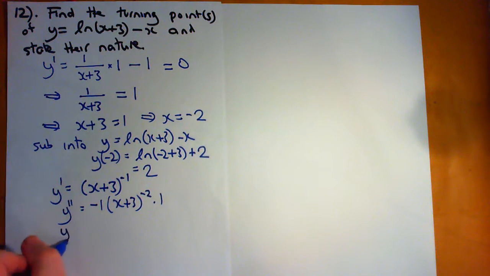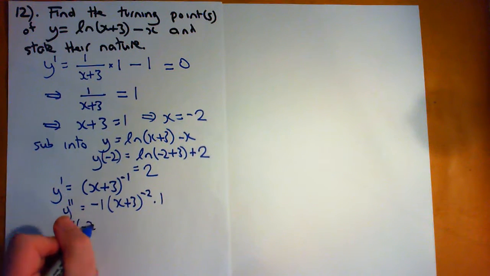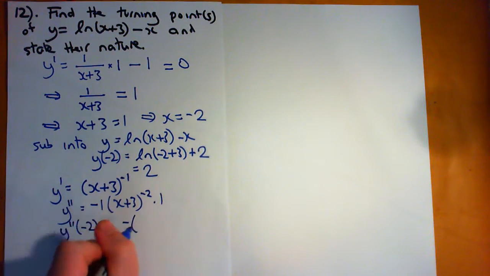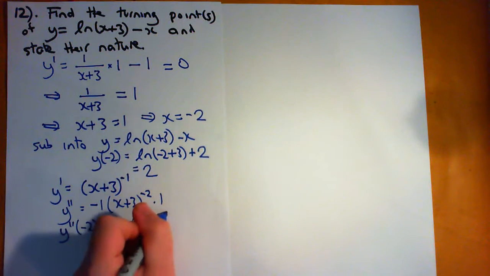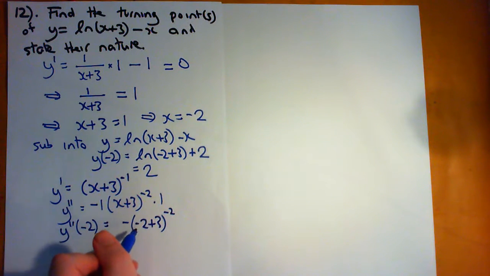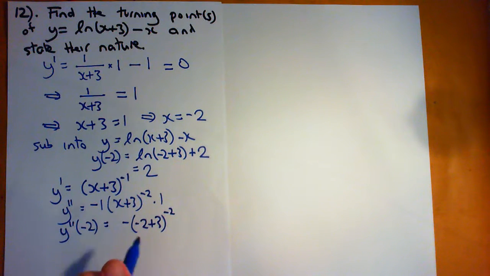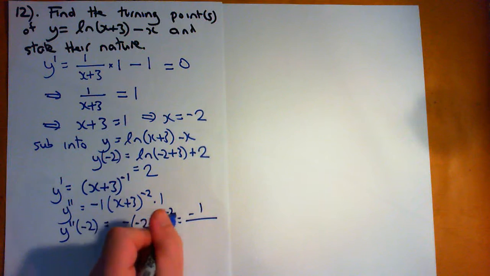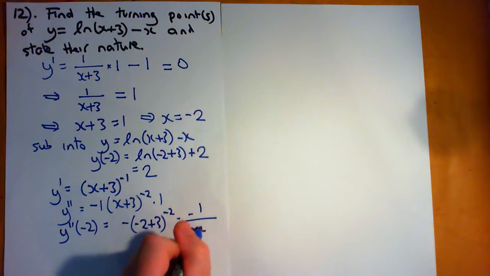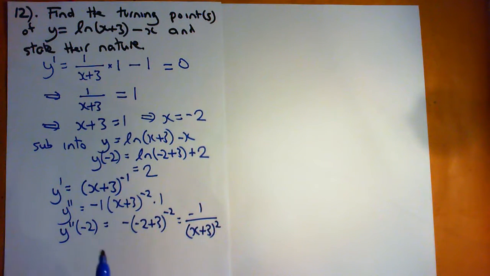Okay, so now we need to substitute in our value of x. That gives us negative of (negative 2 plus 3) to the power of negative 2. So let's write this another way. We've got negative 1 over (x plus 3) squared, since the power of negative 2 means it's on the bottom and it's squared.